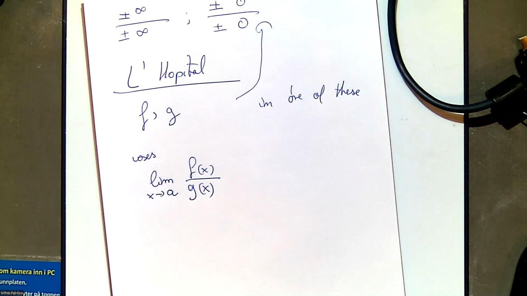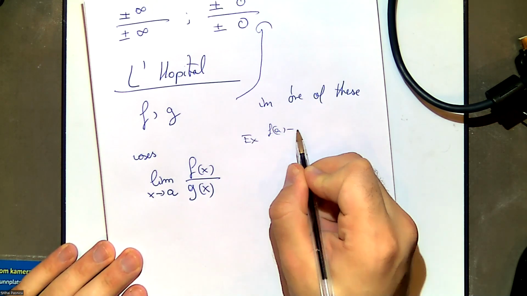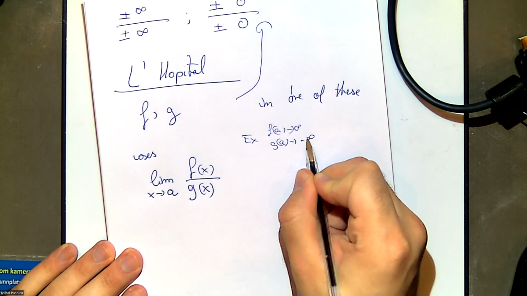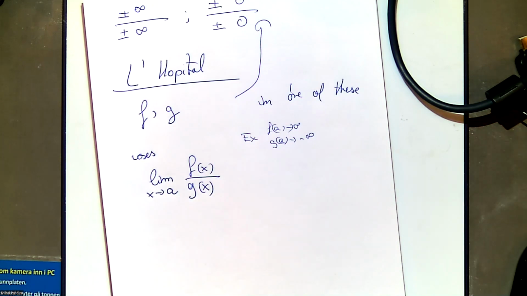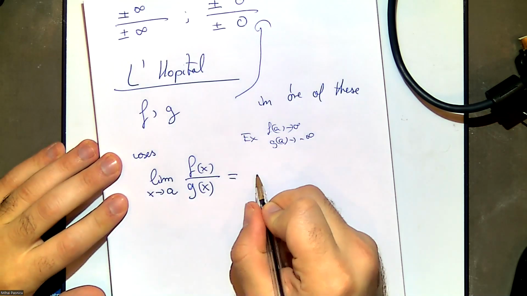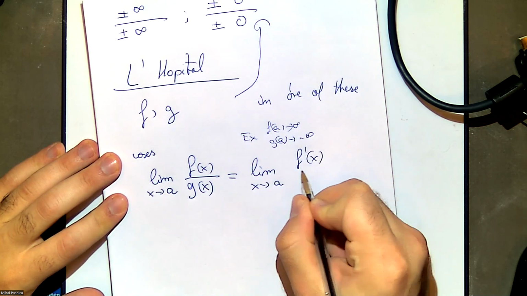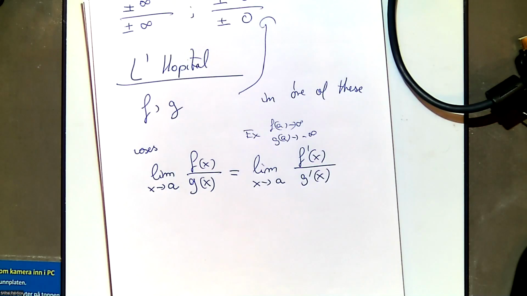So if you find a case where, for example, f of a goes to infinity and g of a goes to minus infinity, if you just plug in a here, you're not going to be able to solve it because you're going to get infinity over infinity or infinity over minus infinity. In this case, you have to use L'Hopital. And this is equal to the limit when x goes to a of f prime of x over g prime of x. Well, this is all L'Hopital says. And this is everything you need.